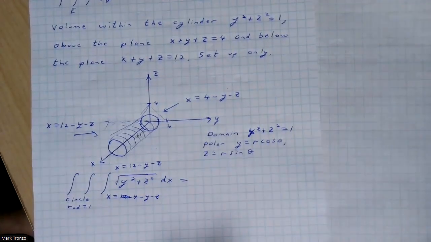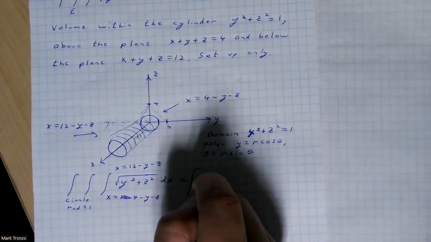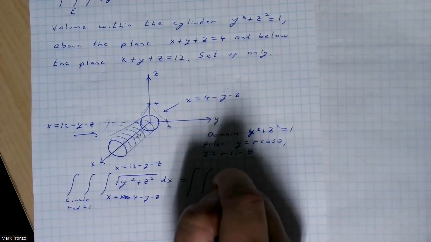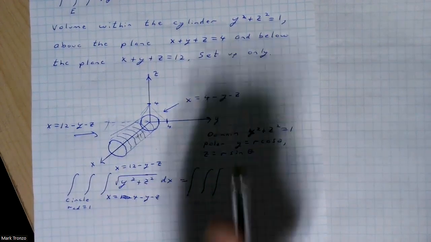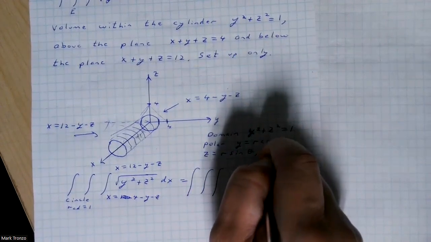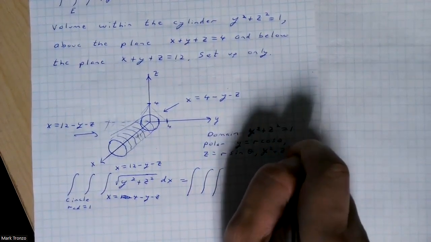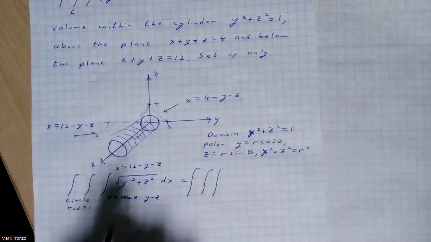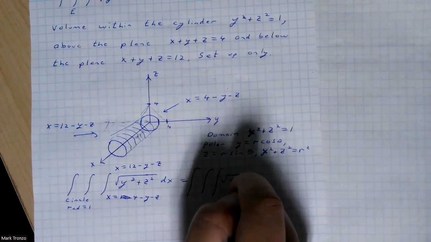And so let's fill these in. Of course, the other thing for polar, we have y squared plus z squared is going to be r squared. So in here, we're going to have the square root of r squared.